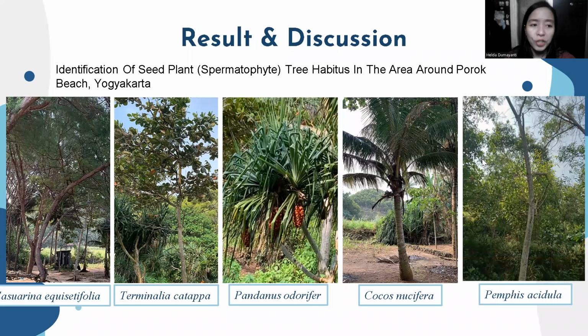Result and discussion. Identification of seed plants, 3 habitus in the area around Porok Beach, Yogyakarta. First, Casuarina equisetifolia, the species is suitable for planting as windbreaks based on its finely branched crown and dense canopy of horizontal branches.